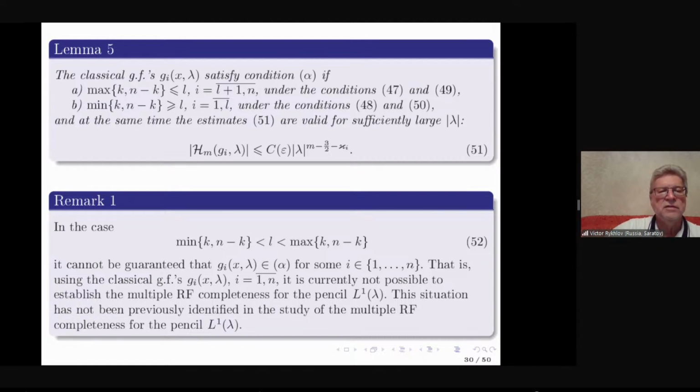And at the same time, the estimates 51 are valid for sufficiently large modulus lambda.